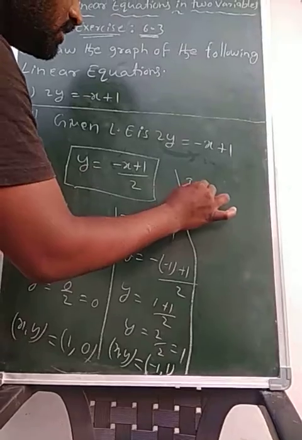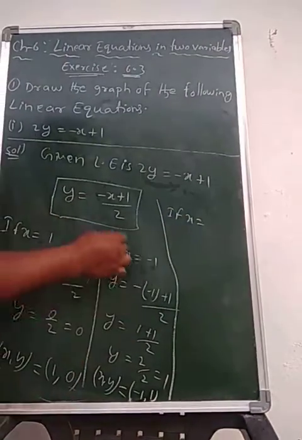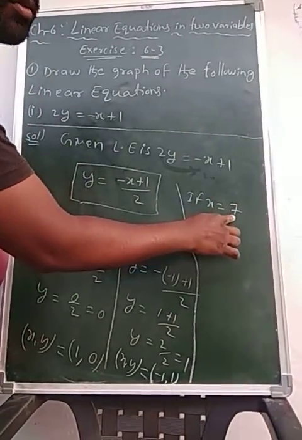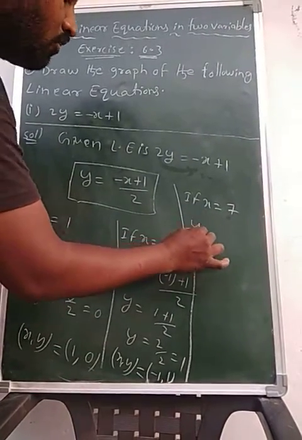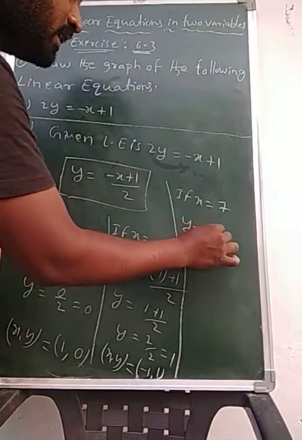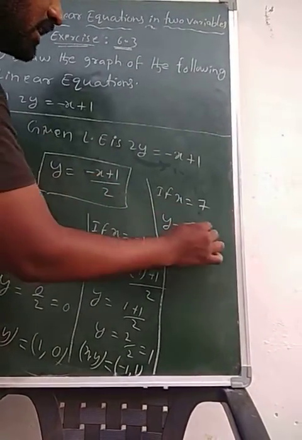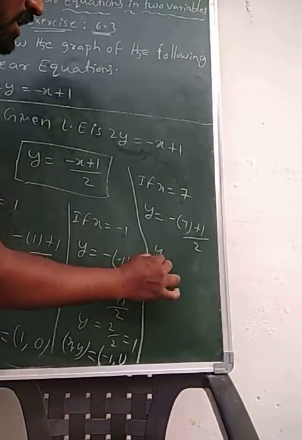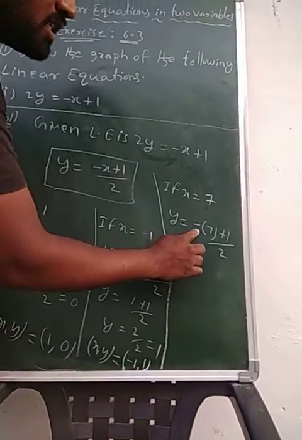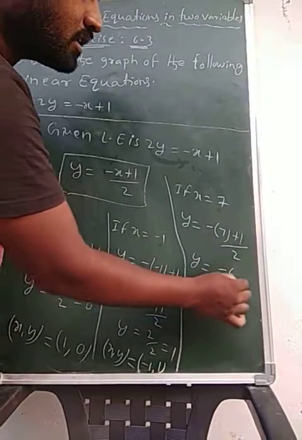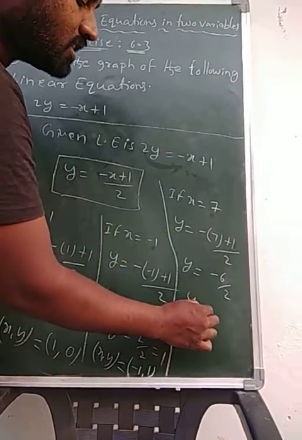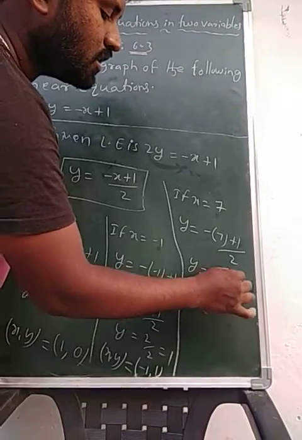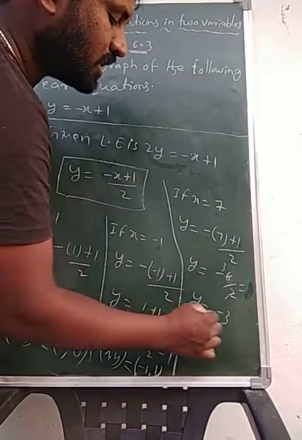And like that only, you take x = 7. If x = 7, then what happened? y = (-7 + 1)/2, that is -6/2. So y = -6/2, that is, 2 threes are 6, so -3.